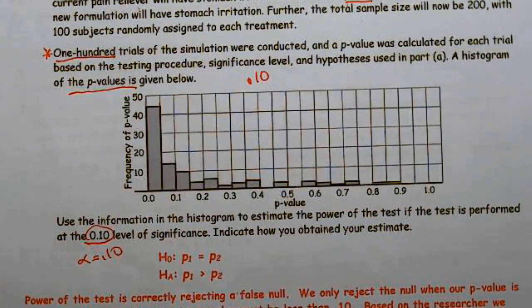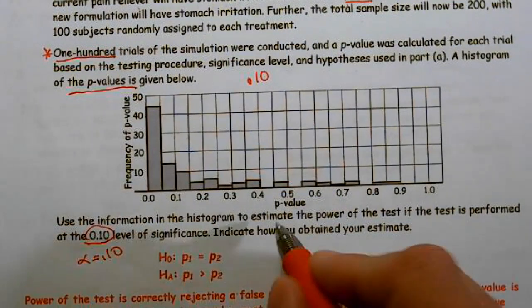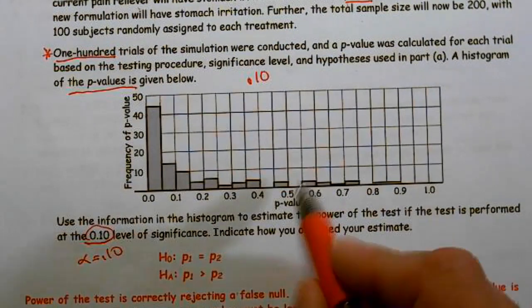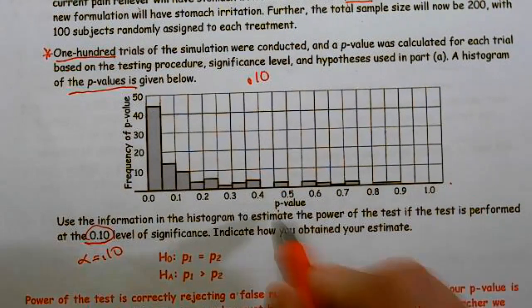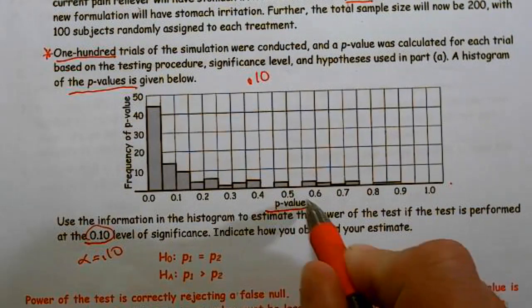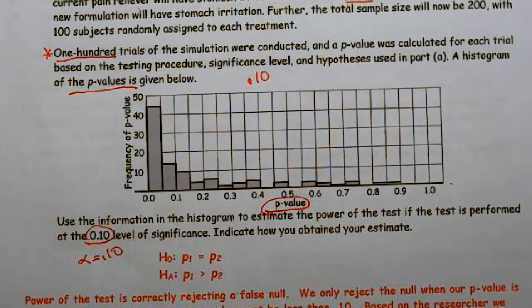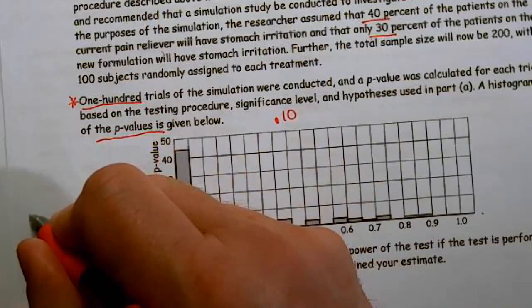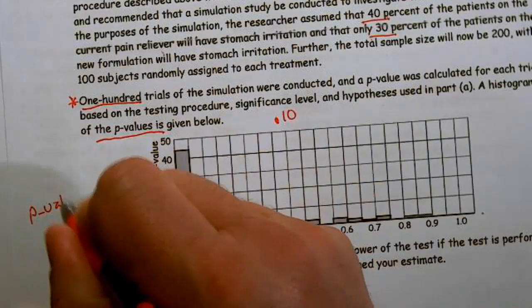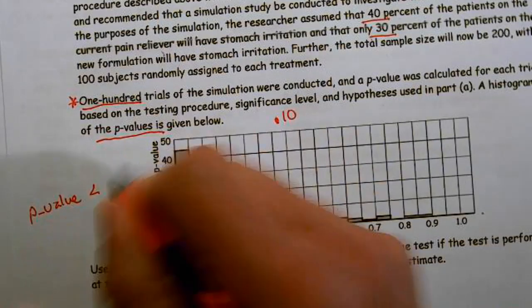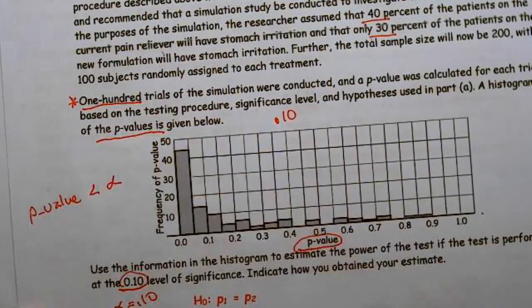Indicate how you obtained your estimate. If you just glance at things, and I recognize this is really crowded, you might miss this. The x-axis right here is labeled p-value. So here's a list of my p-values. Well, when do I reject? I reject if my p-value is less than alpha.